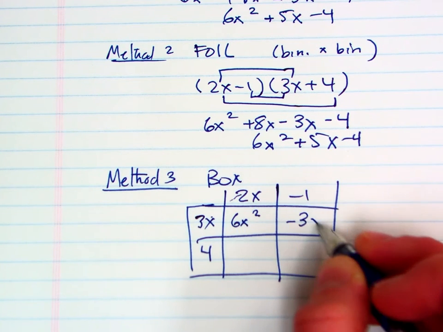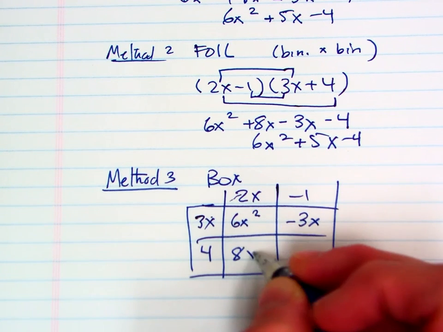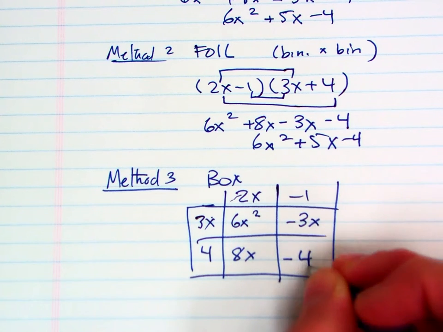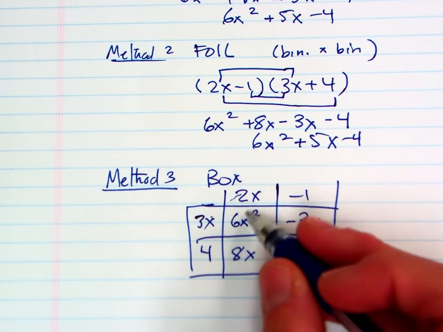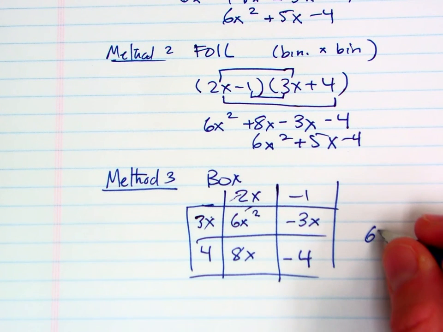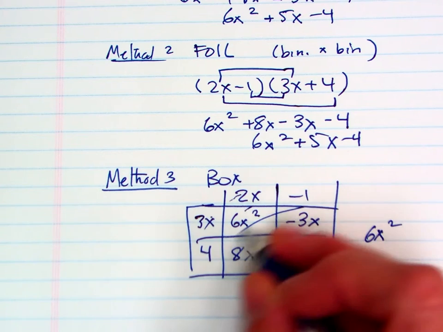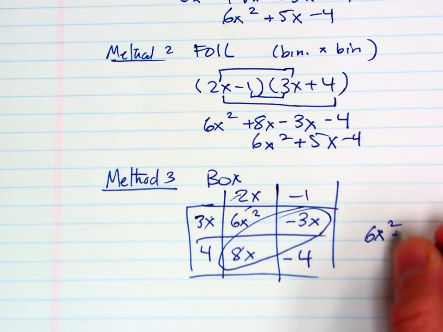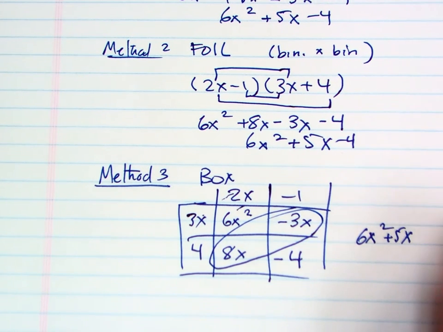Here I get negative 3x, here I get 8x, and negative 1 times 4 is negative 4. Then you combine like terms. 6x squared, these are like terms, 8 minus 3 is 5, and then minus 4. So either way, you get the same solution. You can do any method that you choose, the box method or FOIL.